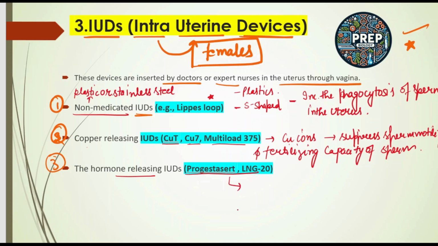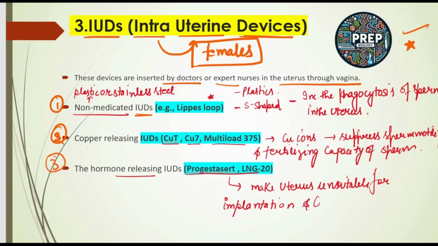They make the uterus unsuitable for implantation, and the cervix hostile to the sperm. Okay, so all these examples with their functions are very, very important.